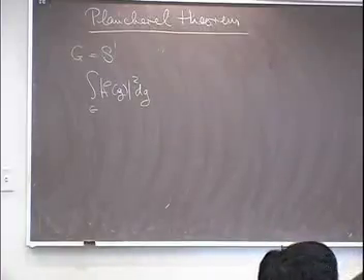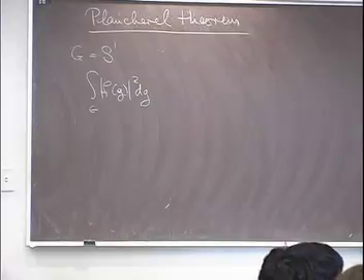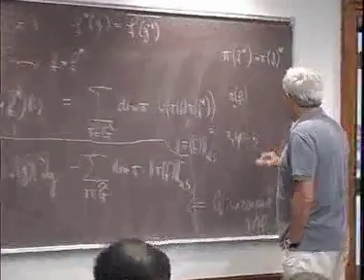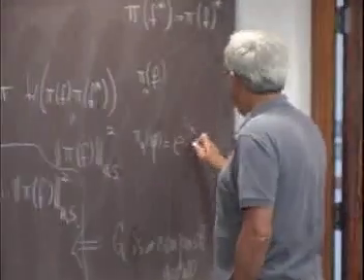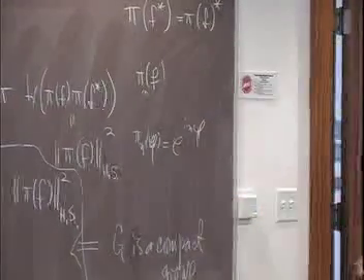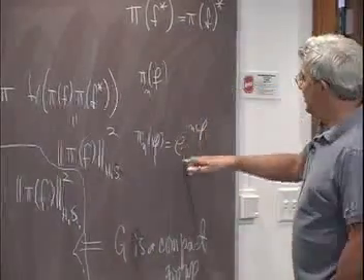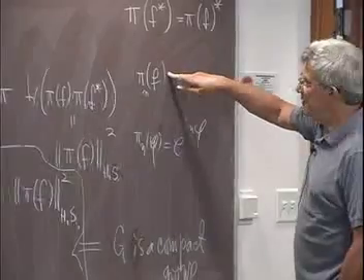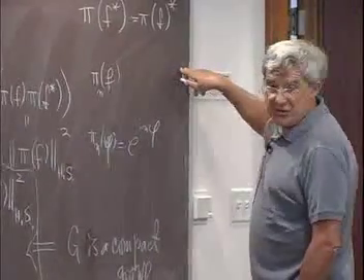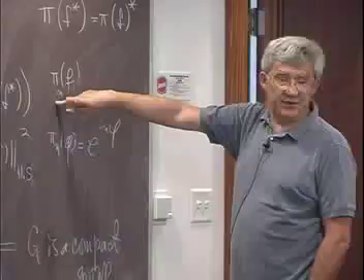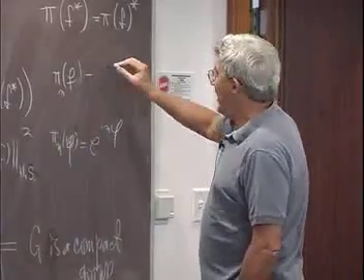These representations are parameterized by n, and pi n of theta is e to the i n theta, and pi n of f is just the integral of the representation with respect to f. So this is just the n-th Fourier coefficient of the function f.